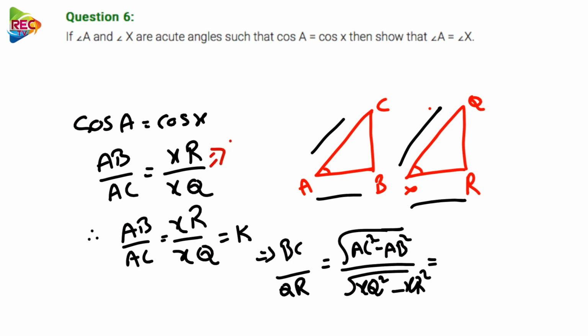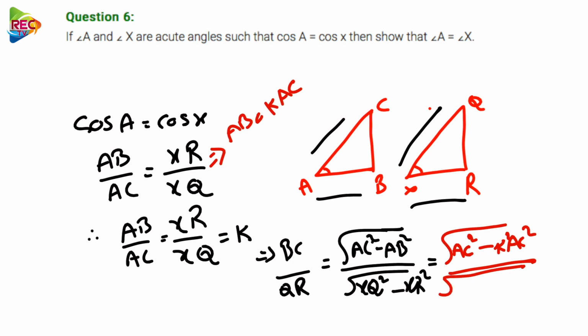Here AB equals K into AC. So square root of AC square minus K square AC square, and similarly you can write XQ square minus K square XQ square. You simplify this one.